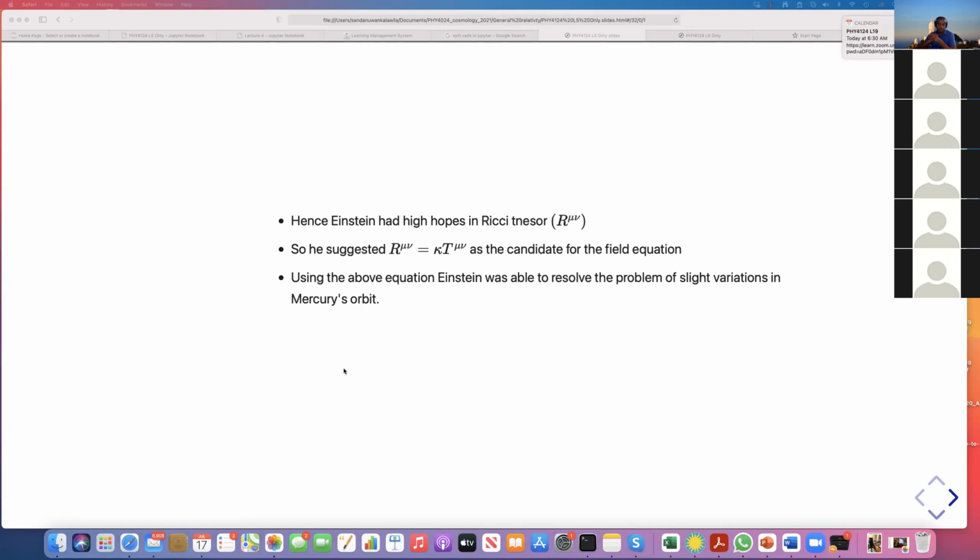But what happened is this: even though you accounted for those small gravitational effects from the other planets to think about this wobble of Mercury's orbit, they still had a discrepancy, which means there is still a difference, about 43 arc seconds or something like that, which they couldn't explain.